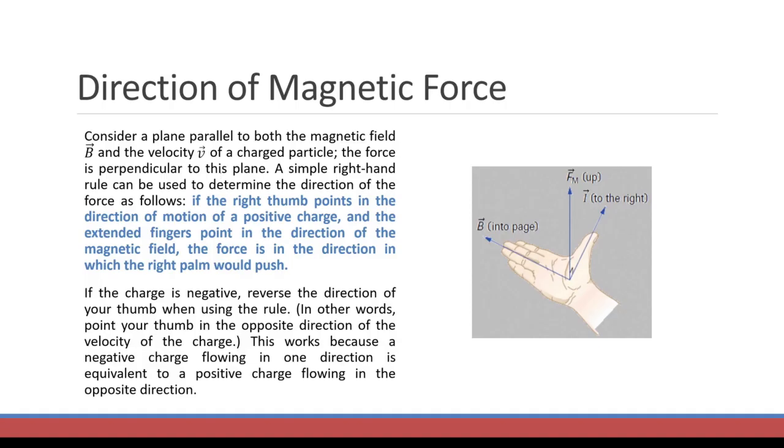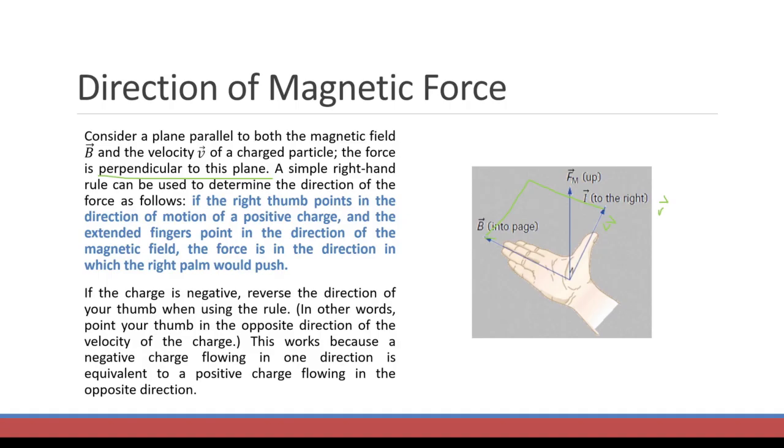So picture this plane here as this 2D plane, where it's parallel to both B and I, or this is v. v is also in the same direction as I. So if this is the case, then it's perpendicular to this plane, meaning it's 90 degrees either up or down. But which direction is it?